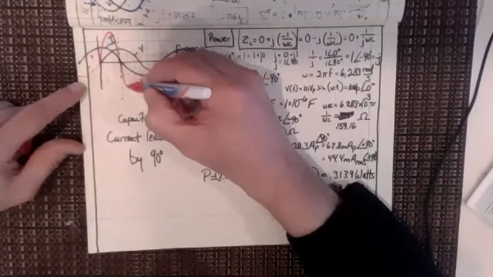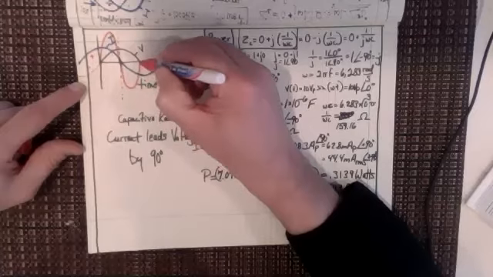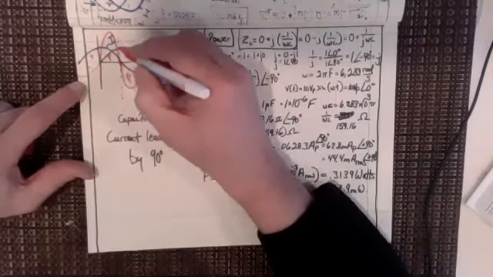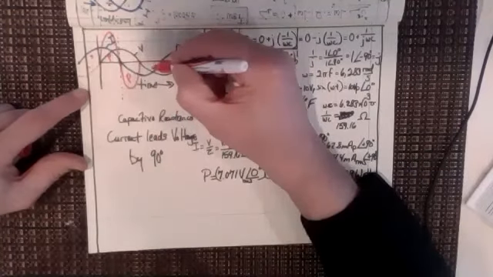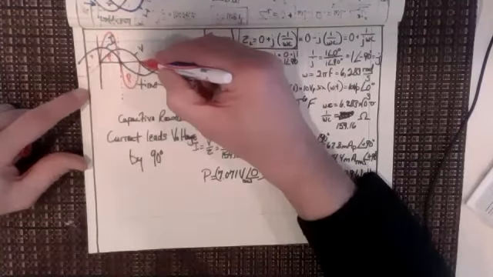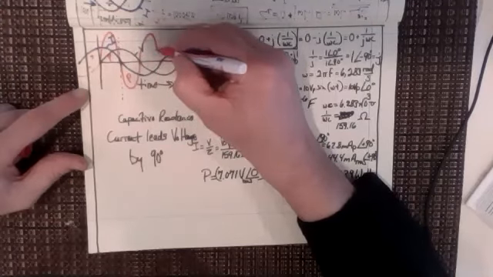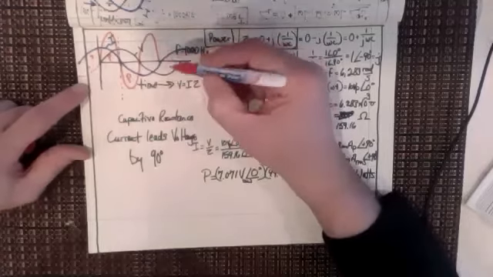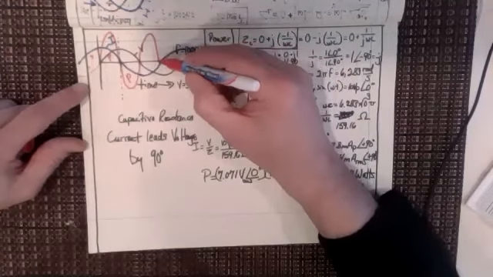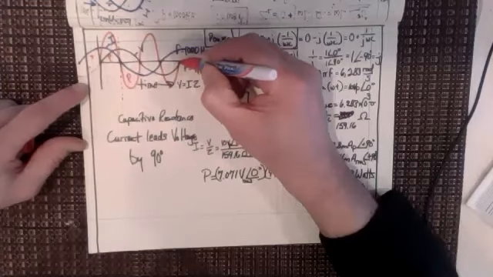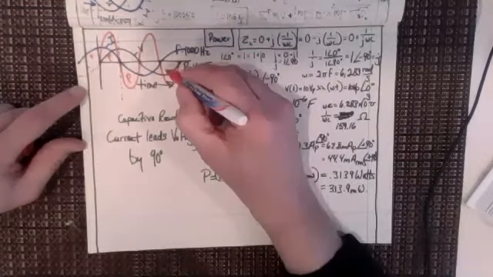So the second quarter wave, the power goes down like that, right? And then for the third, we've got negative, negative, so it goes back up and it's a power loss for that quarter cycle again. And then here we've got negative, positive, so it becomes a power addition for that last one.